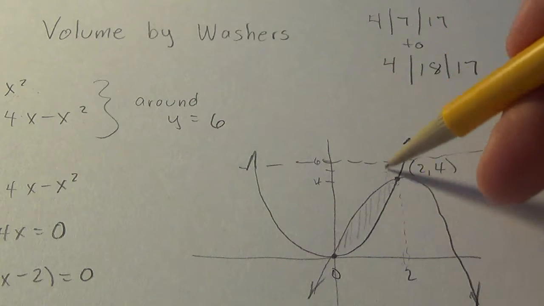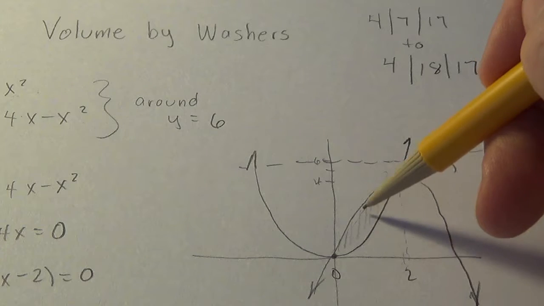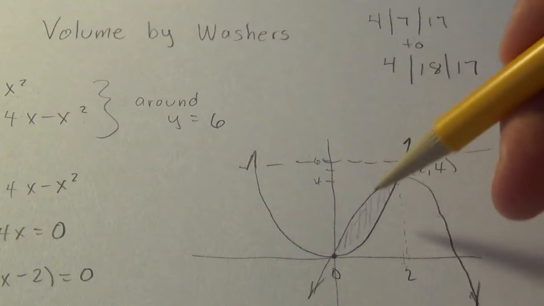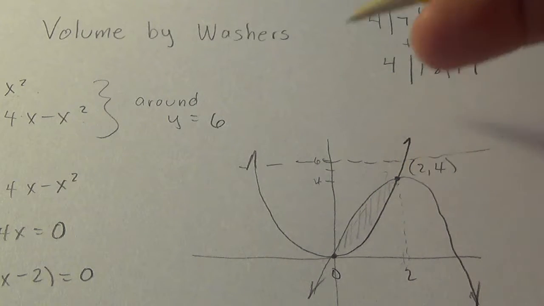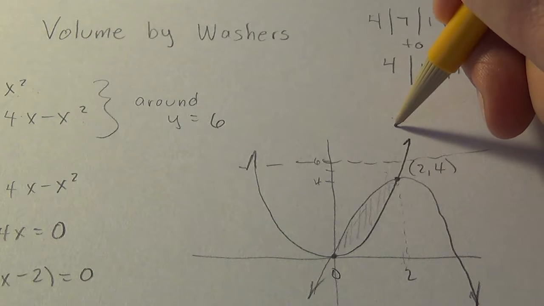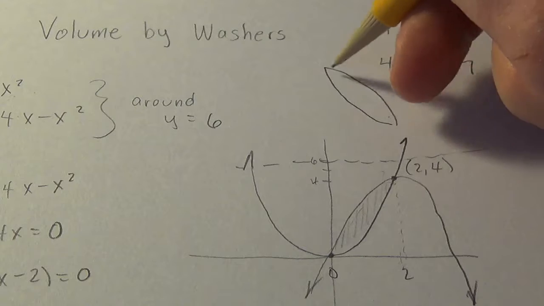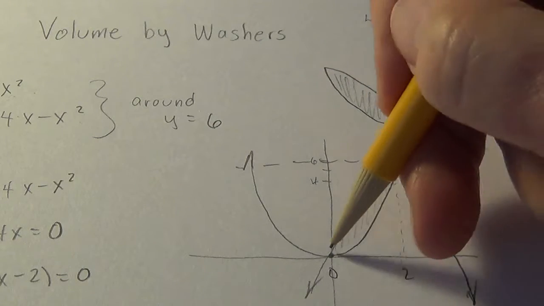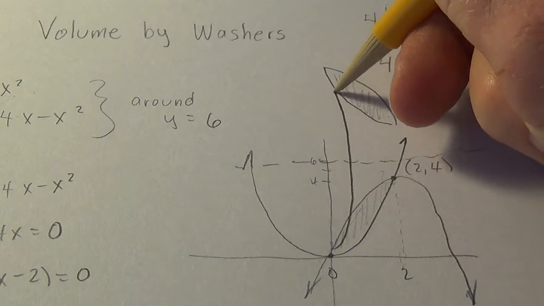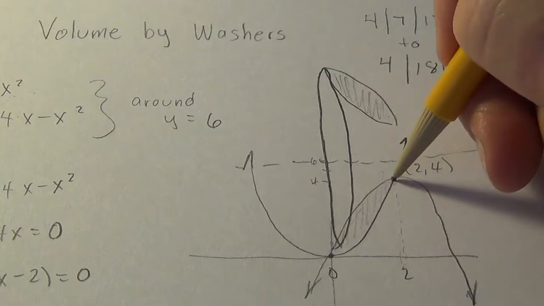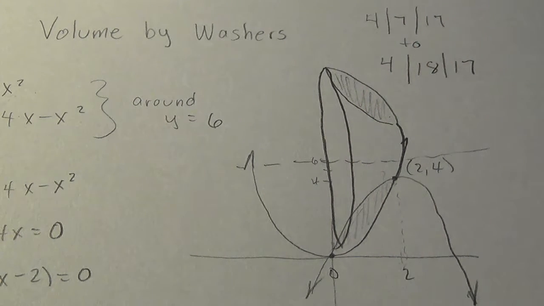I'm going to spin this around so it will appear up here, equidistant as it is below. It will be above. Something like this. And this forms a solid, sort of a weirdly shaped bowl, I suppose.